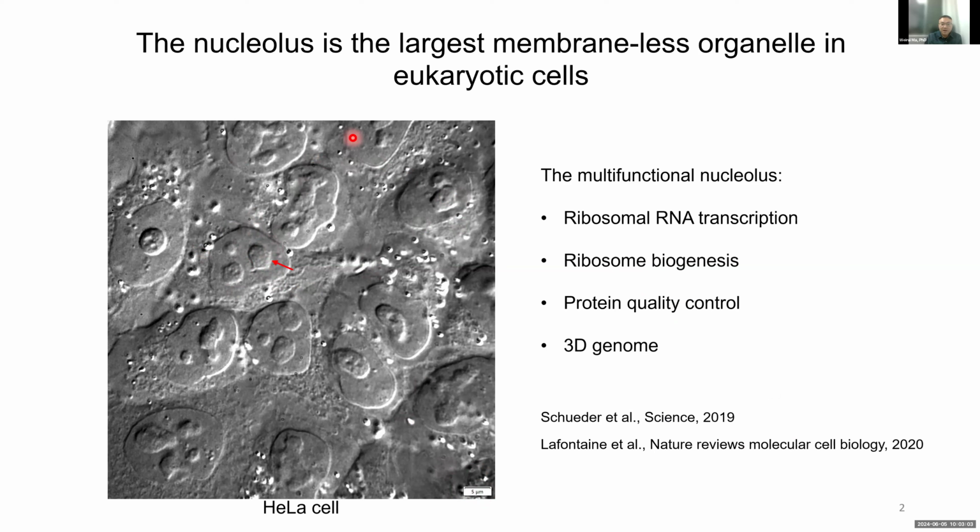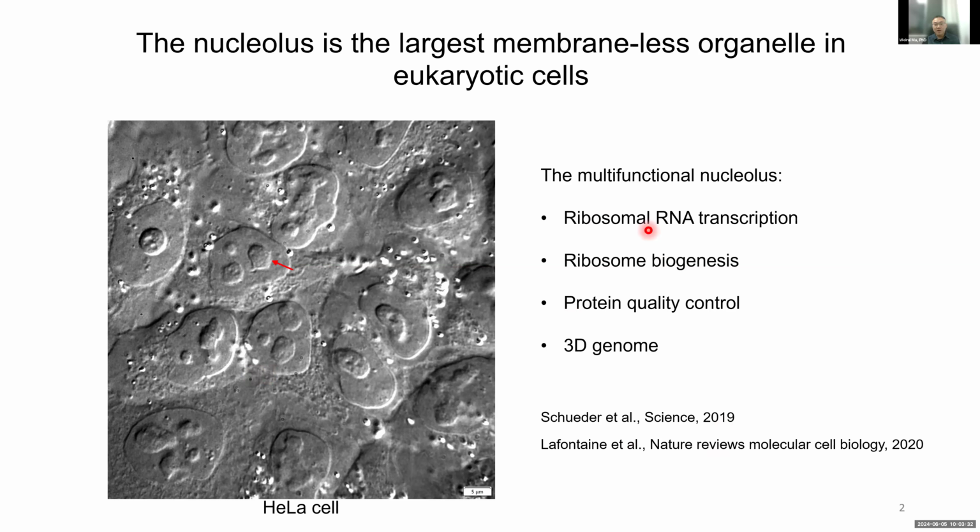You can see that in almost every cell, there is at least 1 or 2 or 3 or maybe even more nucleoli in the nucleus. Basically, the nucleolus exists in almost all eukaryotic cells. The nucleolus also plays multiple important functions.